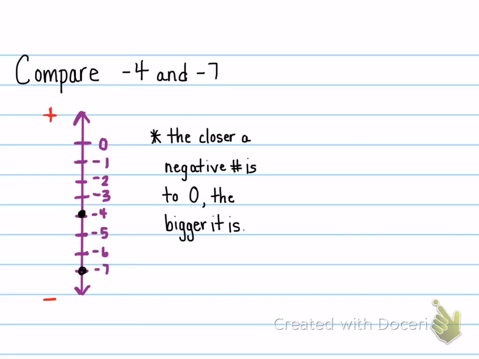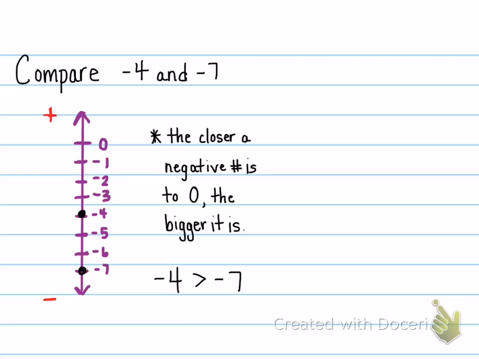Negatives are backwards in a way because the smaller the negative number, the bigger its value is. So -1 is the largest negative integer. So if I were to write this solution, it's -4 is greater than -7.